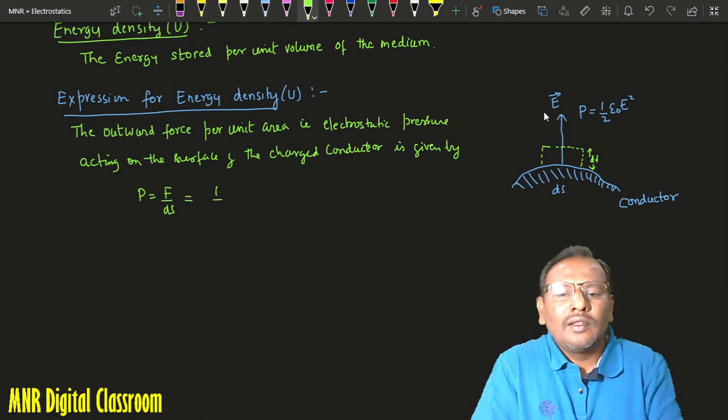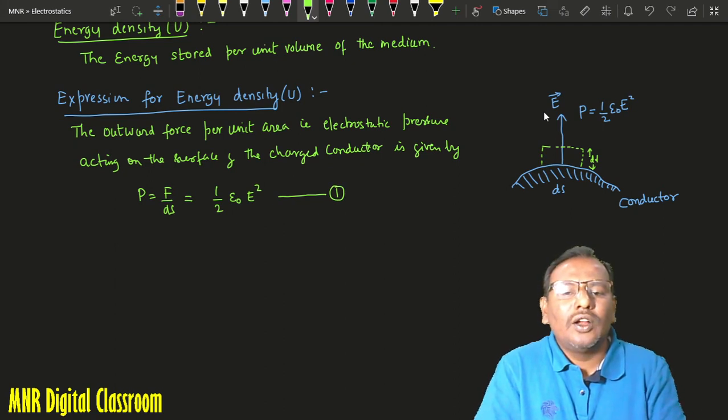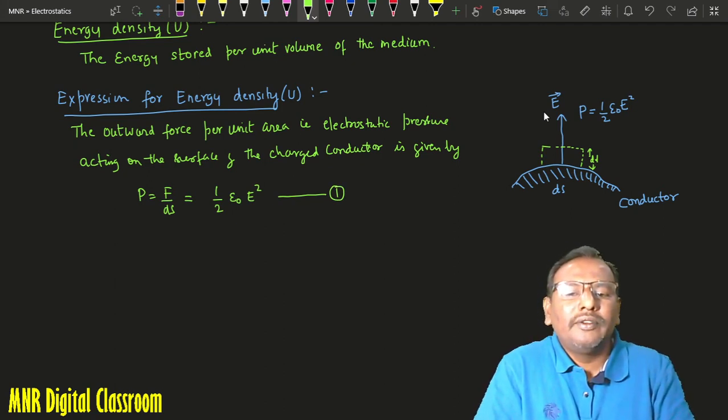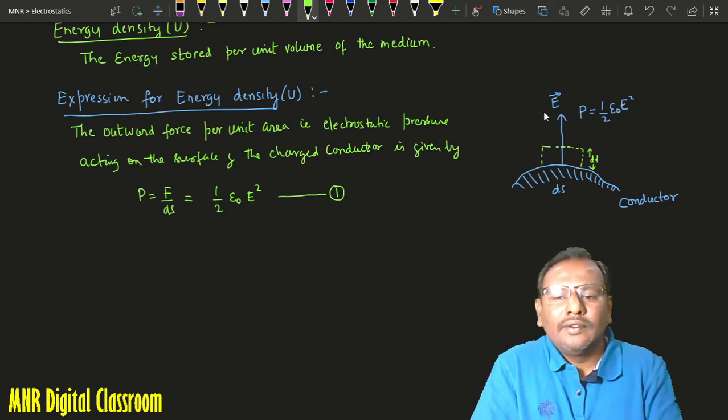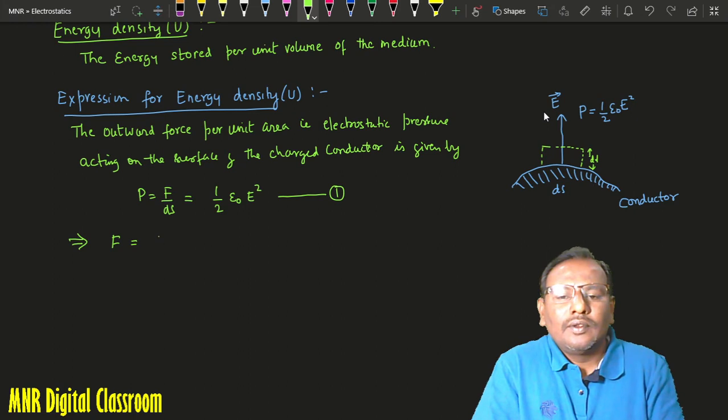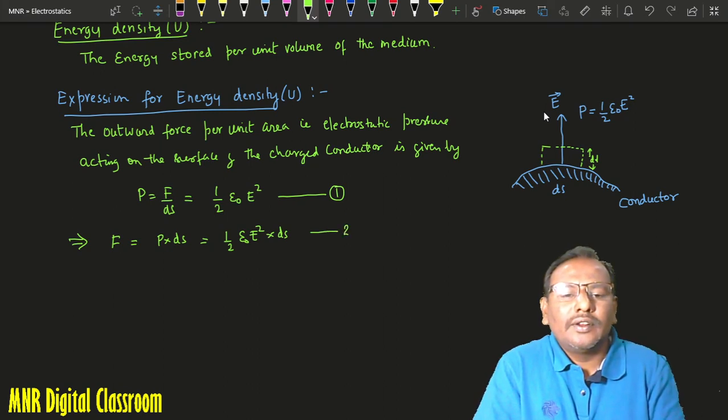This is equal to half epsilon naught E square. Call this as equation 1. As you know already, epsilon naught is the permittivity of free space and E is the electric field. This implies the force F is equal to pressure into area. This is equal to half epsilon naught E square into ds. Call this as equation 2.